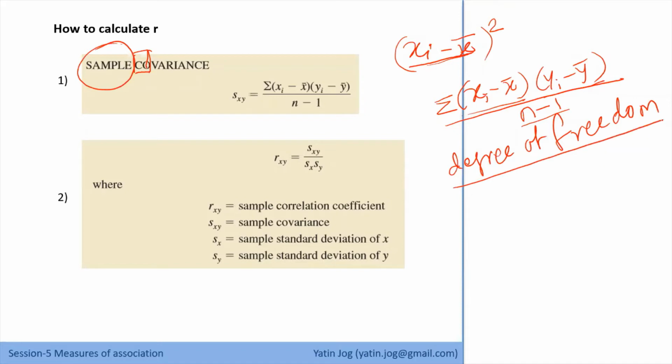In case of sample, we always take n minus 1, and in case of population, we take normal n. That concept is called degree of freedom, and it is not that every time we take n minus 1. In case of sample, if you are calculating a statistic, you have to lose 1 degree of freedom per statistic.